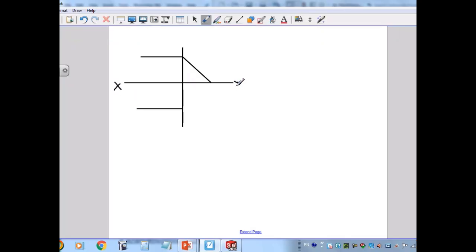X, Y, Z, PV, PW, and PH. That's the H plane, that's the V plane, that's the W plane.